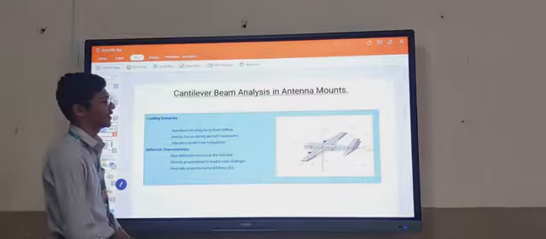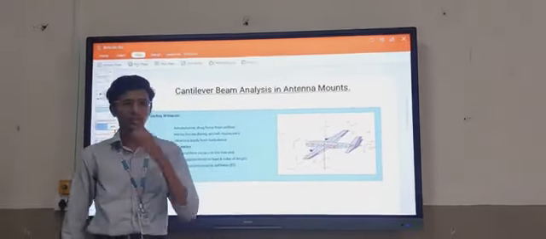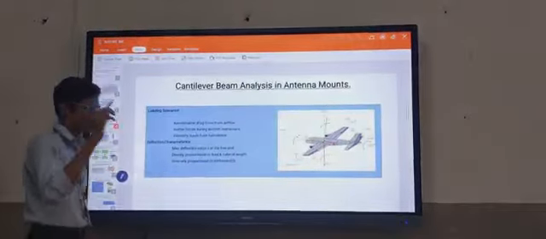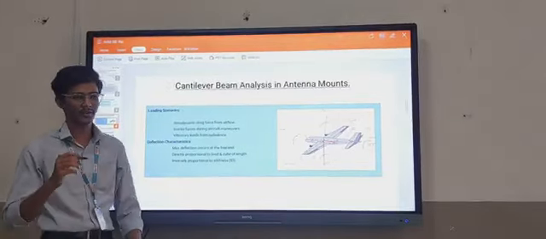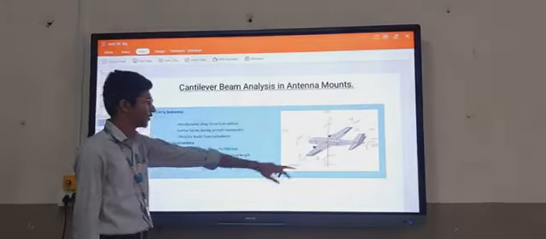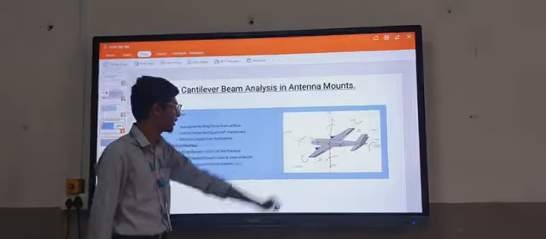For the cantilever beam analysis of the antenna, the load acts on the free end. You can understand this with the figure.